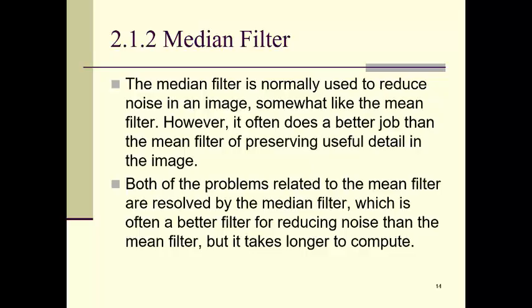So here we say that the median filter is normally used to reduce noise in an image, somewhat like the mean filter. However, it often does a better job. Okay? So here we say that both of the problems related to the mean filter that we have discussed before can be resolved. We will not say that they are resolved 100%, but they are resolved to a high extent.